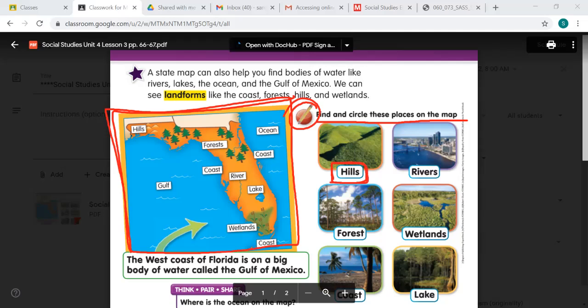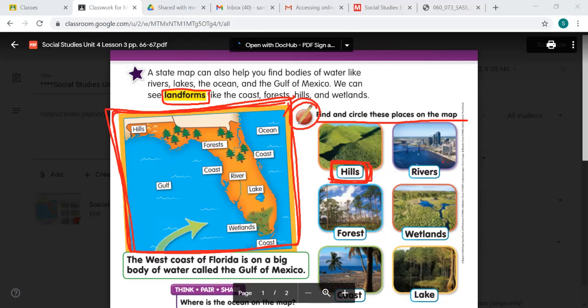These are showing hills. So hills would be a landform, right? So let's find hills on our map. And I want you to circle it. So look over here on this map and find hills. Where are the hills?